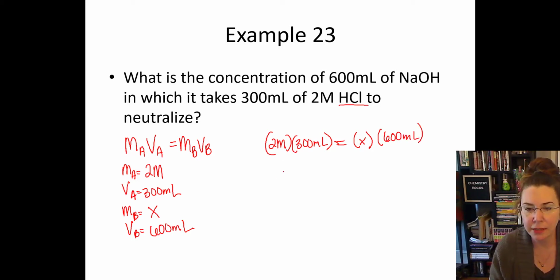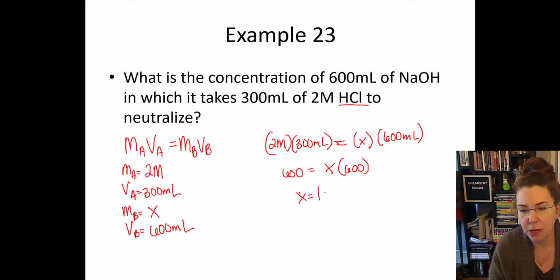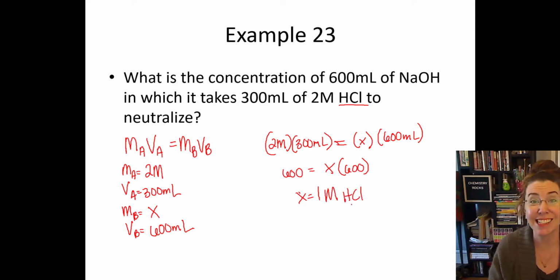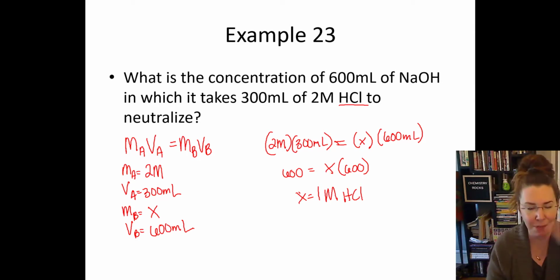And if you do that correctly, you get 600 equals X times 600, and that means X would be a 1 molar solution. Okay, sorry, doing it all in my head. Of course, that one was super easy to do in my head.